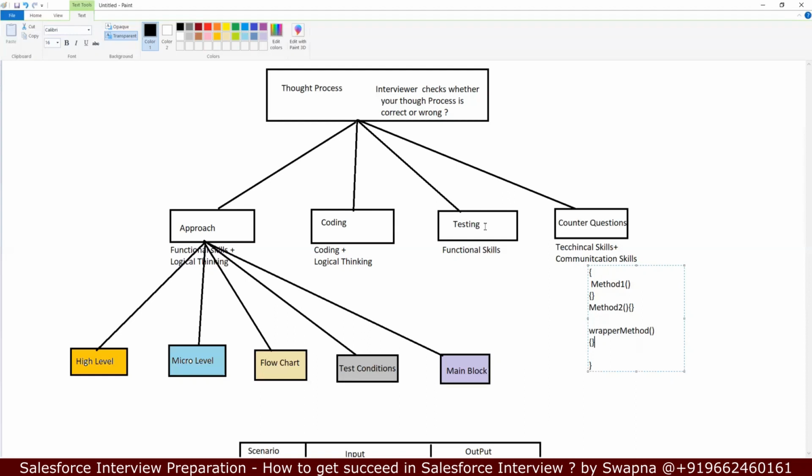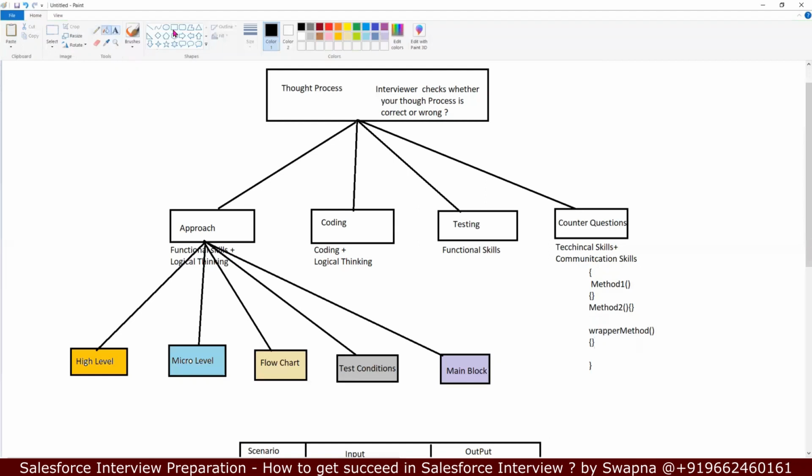Now, once the testing is done, the next one is counter questions. Counter questions are very, very important, because whatever we have done so far, from that only we are going to get the counter questions.